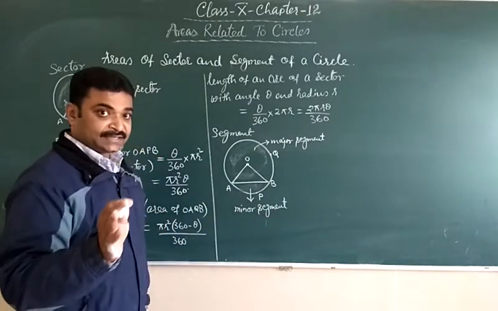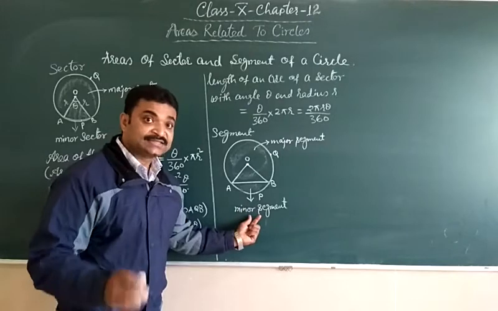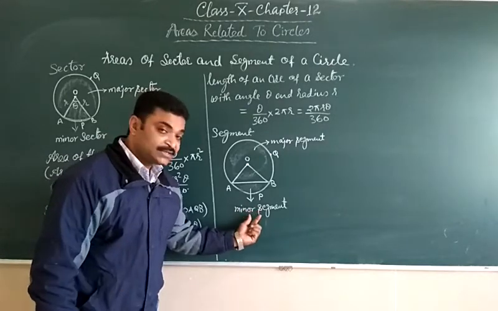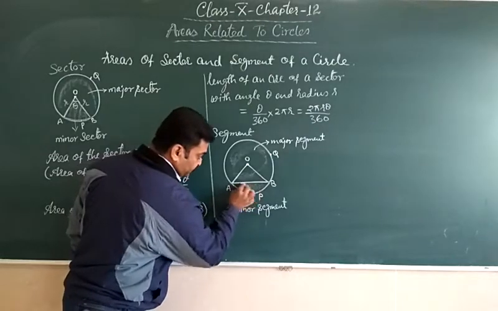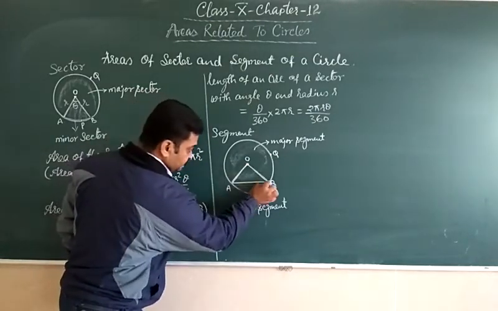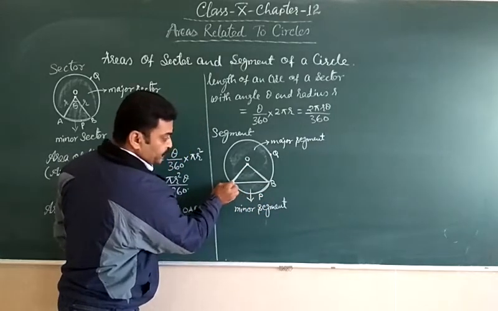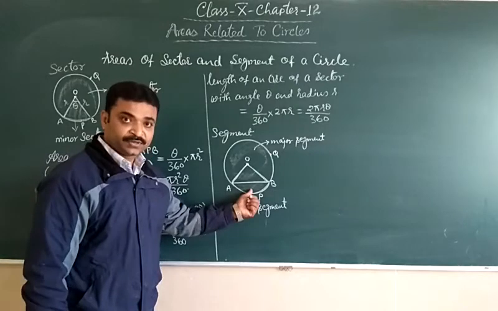Don't confuse sector and segment. We are going to write area of minor segment. That means we are going to find this area. Out of this area, if we remove this part, this triangle, we will get this part.